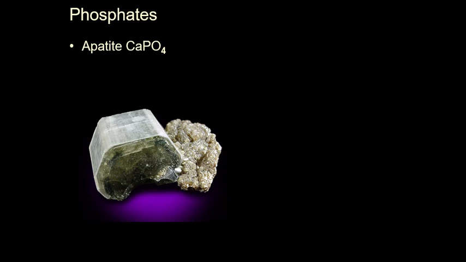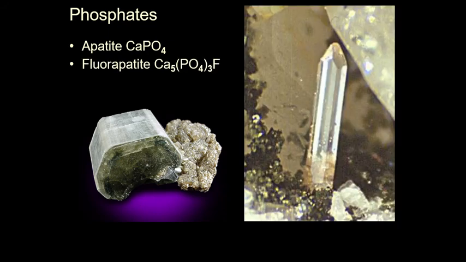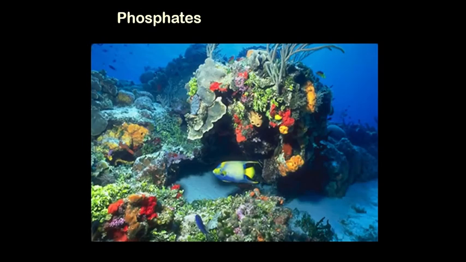Phosphates. These include apatite, which is a very useful mineral, and fluorapatite, which is the mineral which grows in your bones. Not a very important source of raw materials for making archaeological things, but a quite common type of rock.